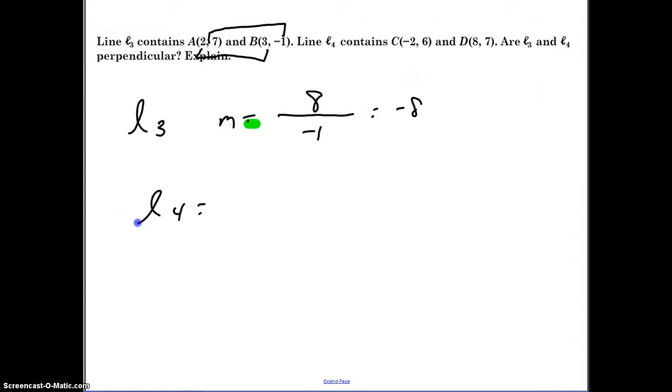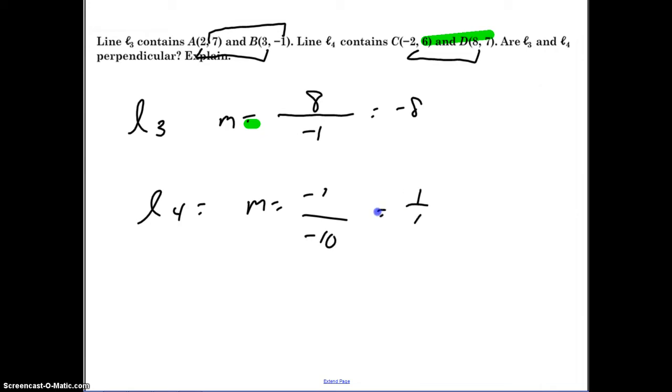Now, let's do slope of line 4. My slope here, my rise, I'm going from 7 to 6. So from 7 to 6 is down 1, so that's -1. And I want to go from 8 to -2. So if I'm at 8 and I have to get all the way to -2, that's -10.